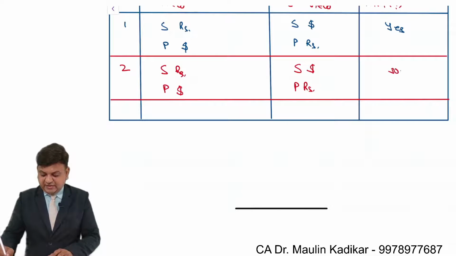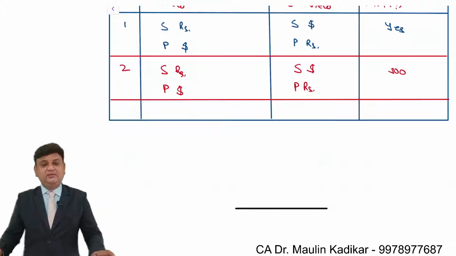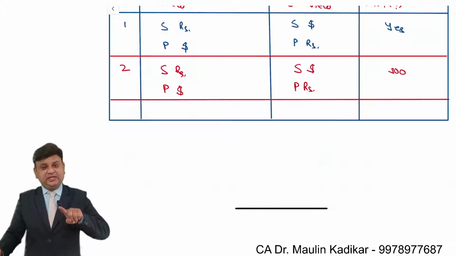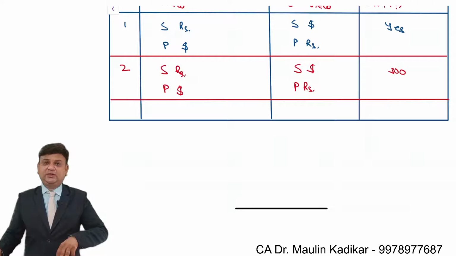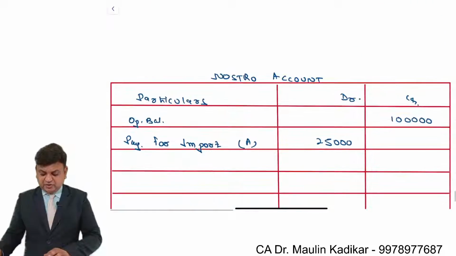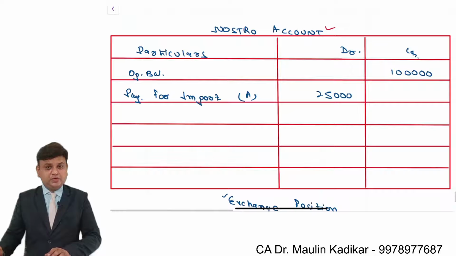So will it have an impact in the Nostro account? No. Nostro account is simply the bank account of the State Bank of India with Bank of America. If only a forward contract is entered into, then it will not have an impact in the Nostro account.